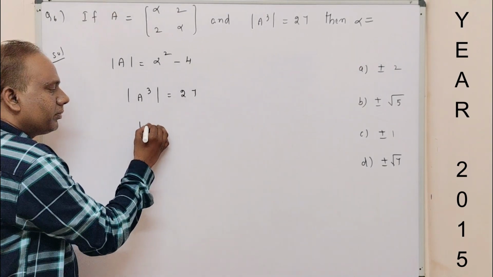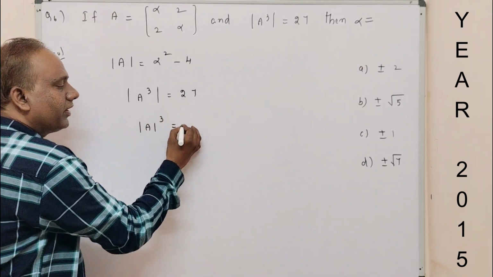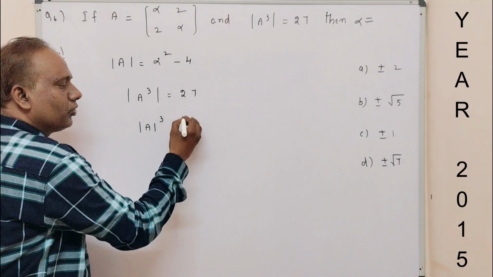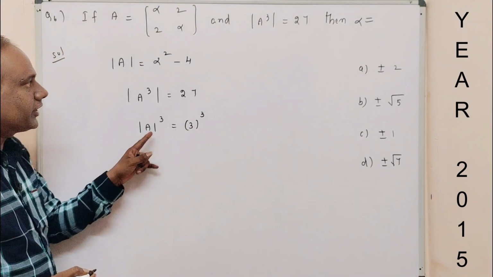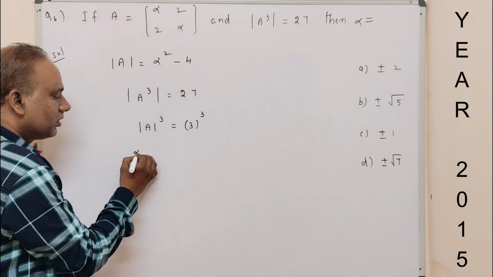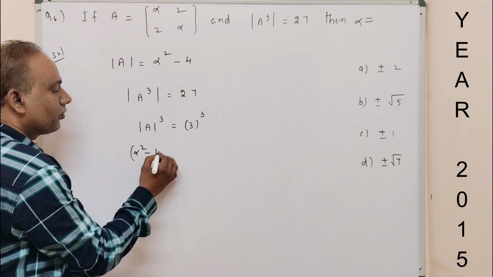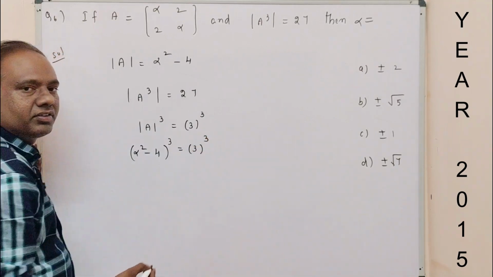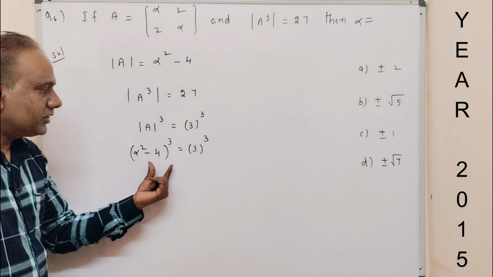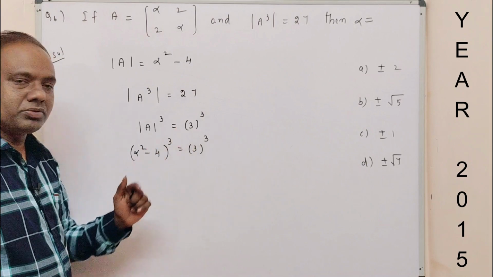So first of all, determinant of A whole cube is equal to 27, which can be written as 3 cube. So determinant of A value is alpha square minus 4 whole cube is equal to 3 cube. So just you can equate here, cube same, no?